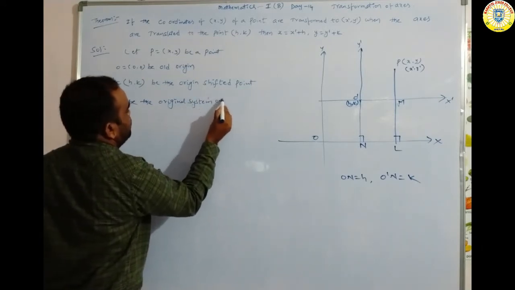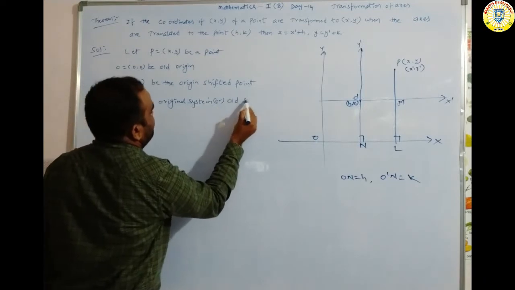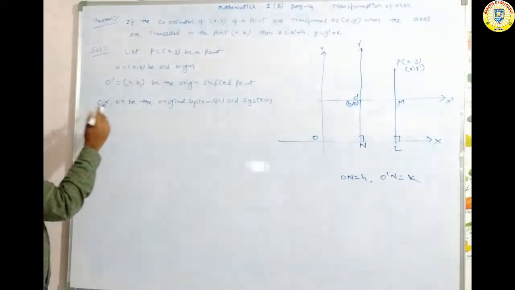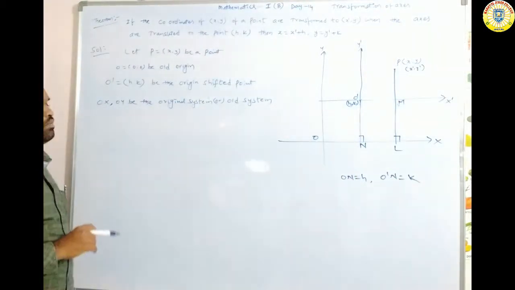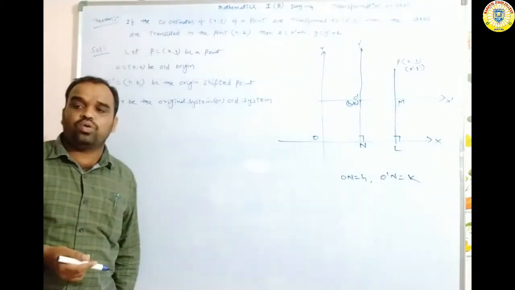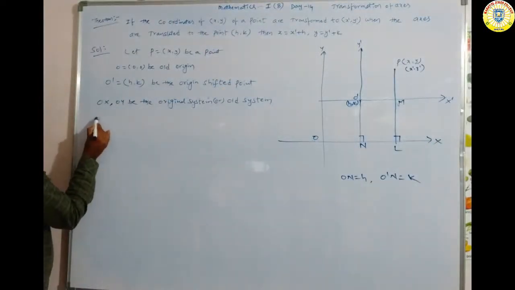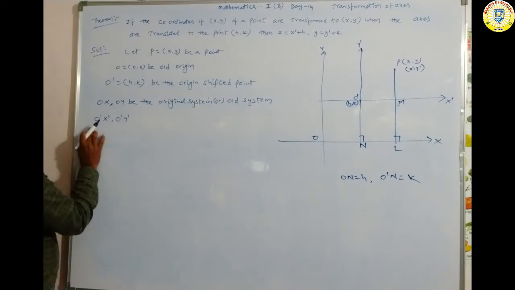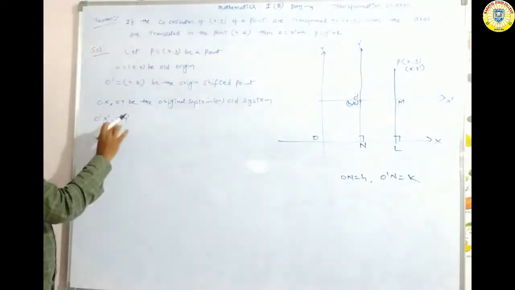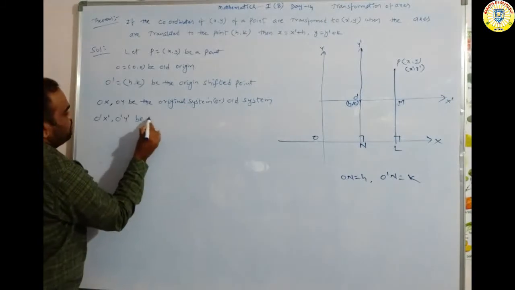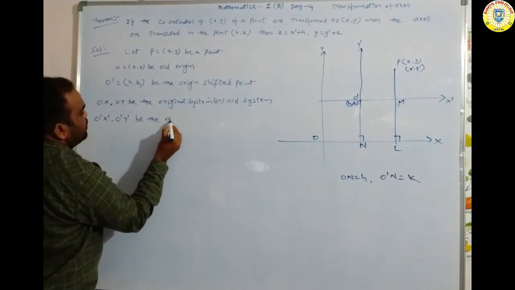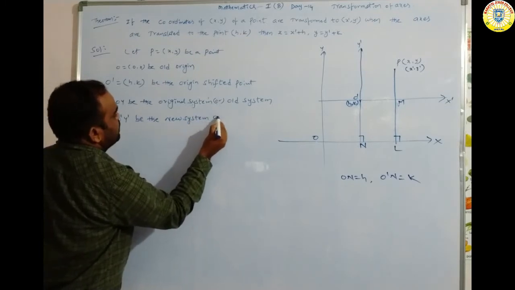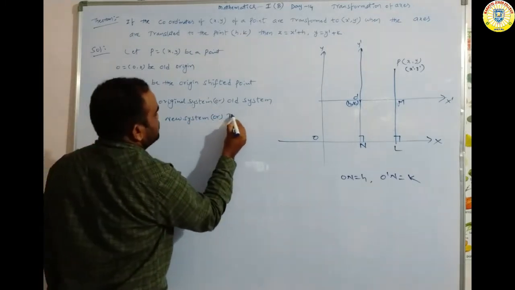O dash X dash, O dash Y dash is the new system, or transformed system.